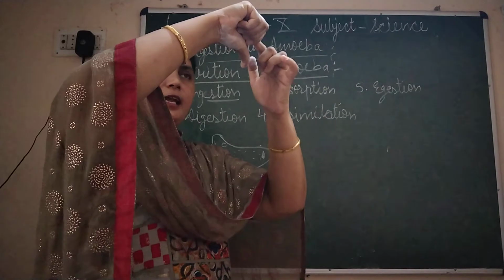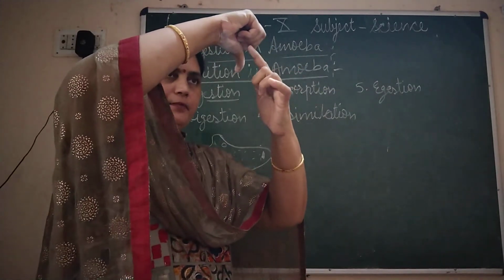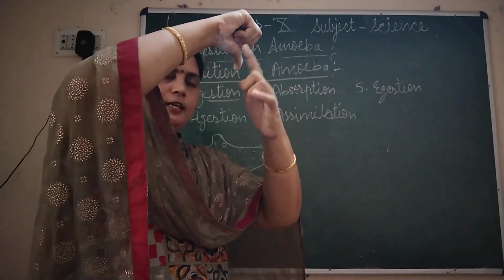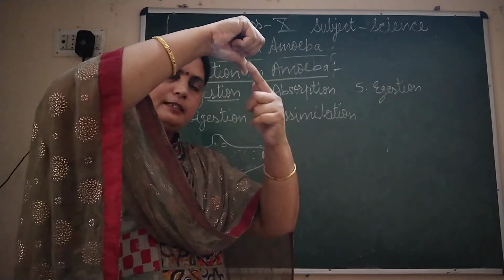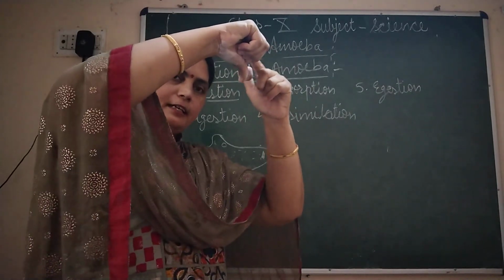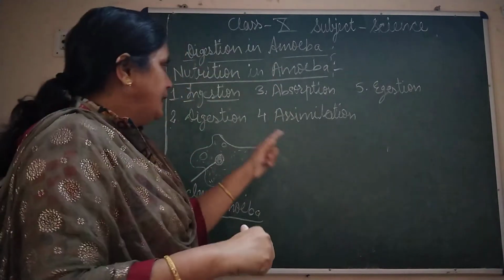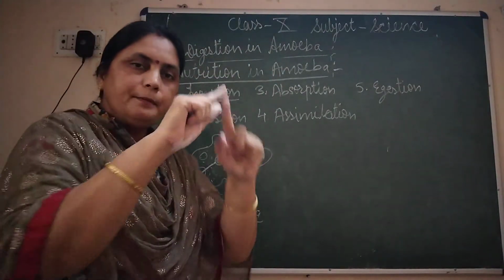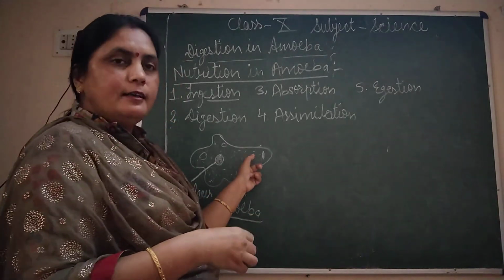The cup which is formed will be detached from here. These two sides join each other. Now the complete body of the amoeba is there again, the outermost membrane is there again, and the cup which was present will be separated from this membrane. This way, this cup will become a rounded structure and will enter inside the amoeba.